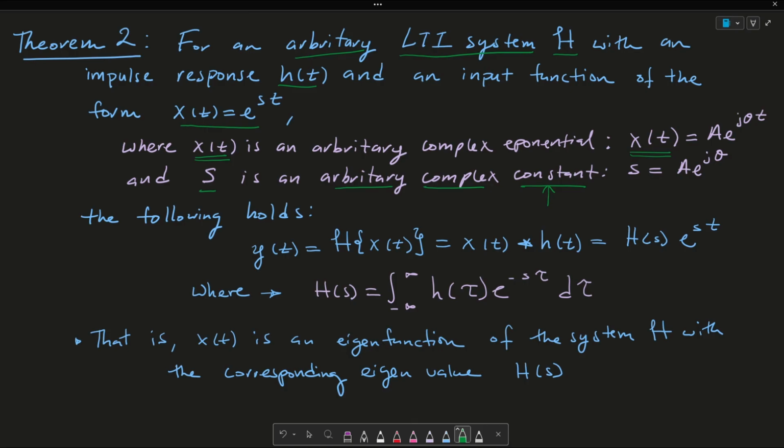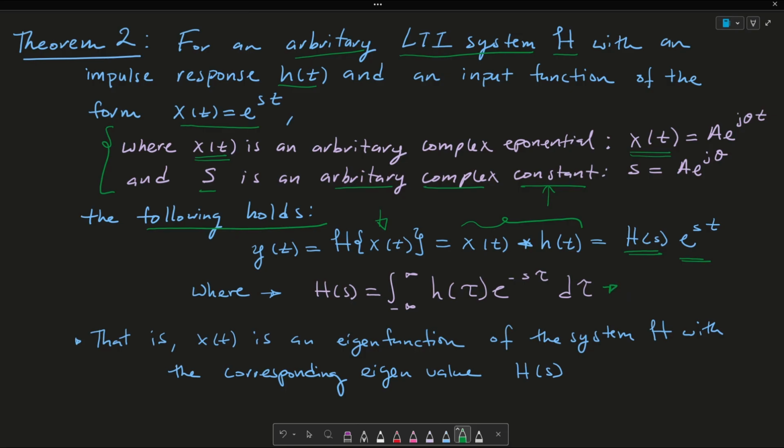If our input function satisfies these two conditions, we say that the following holds. We say that y of t, which is x of t into my system H, is equated to this convolution computation, which also equals h of s e to the st, where h of s equals the integral from negative infinity to infinity of h of tau e to the negative s tau d tau.